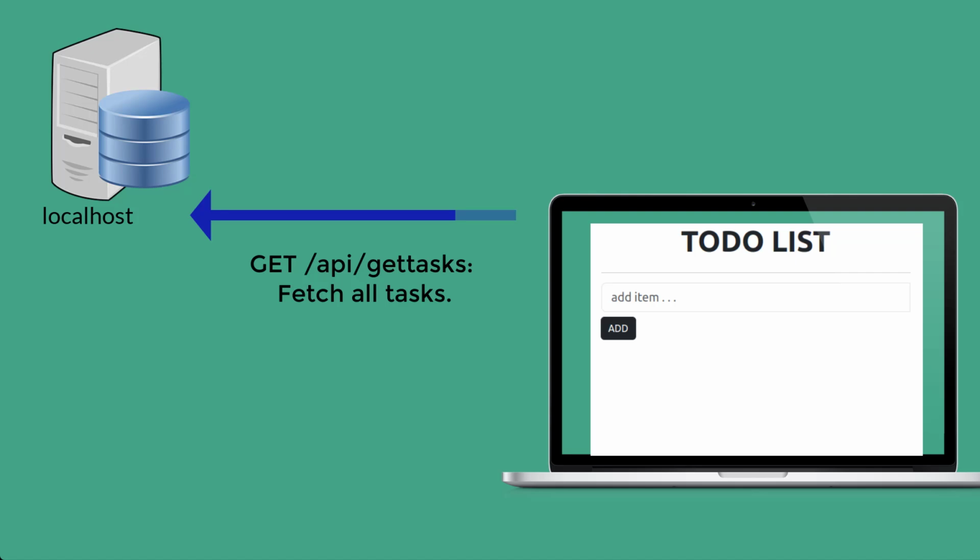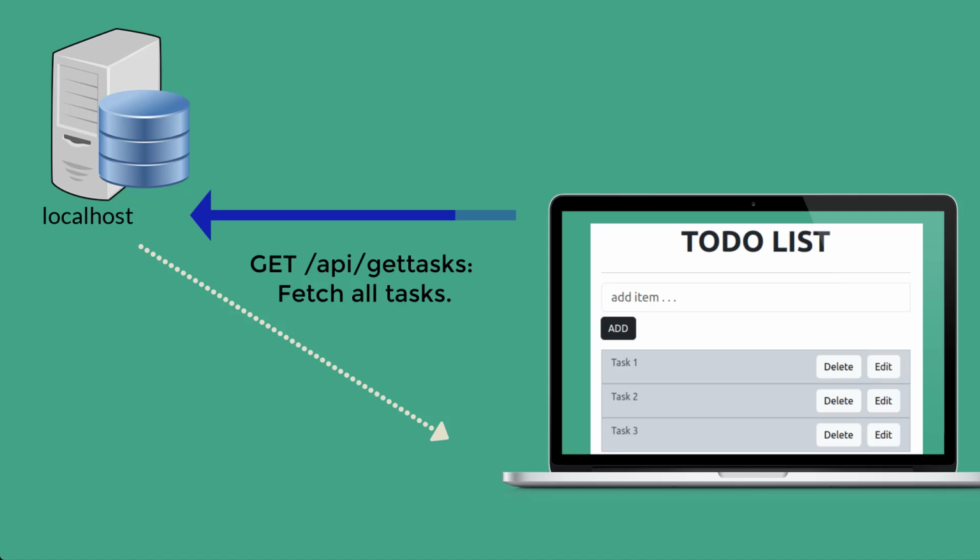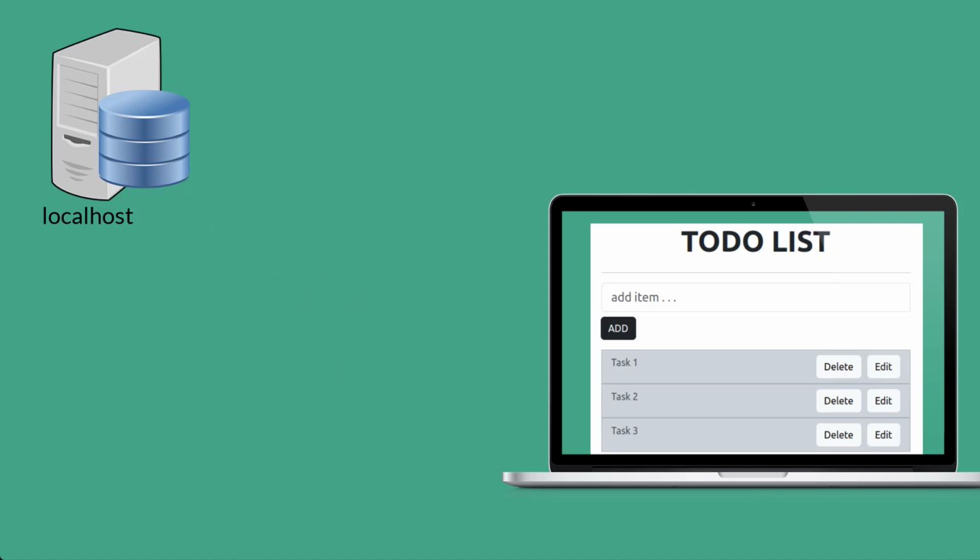The server then looks at this request and routes it to the correct handler. In our case, let's say a function called getTasks. This function then connects to a database to fetch all the to-do tasks and sends it back to the front end. The front end then displays your to-do list on the screen.